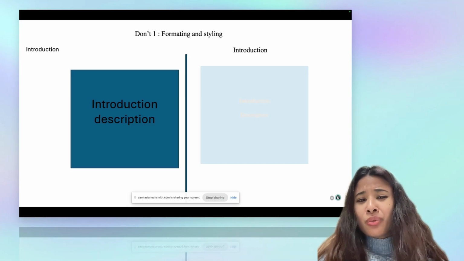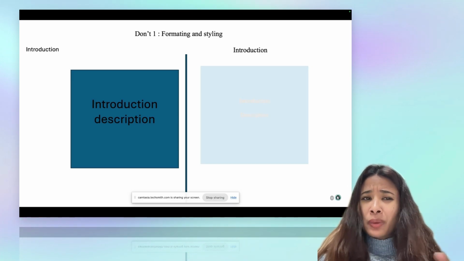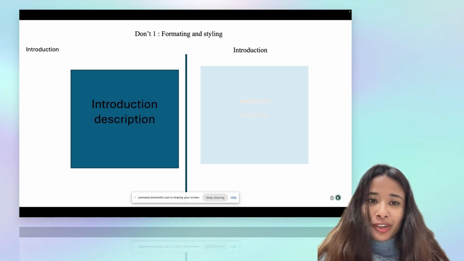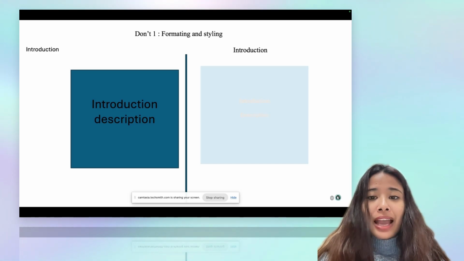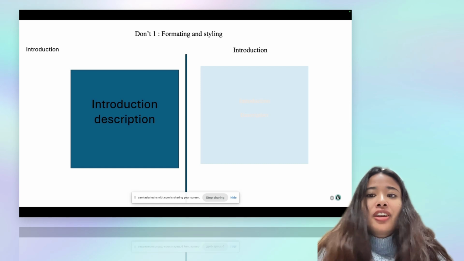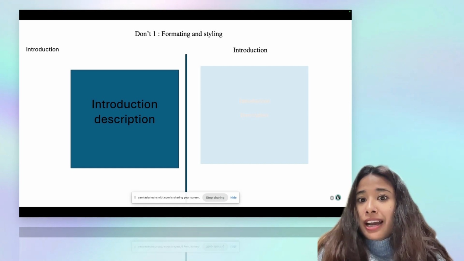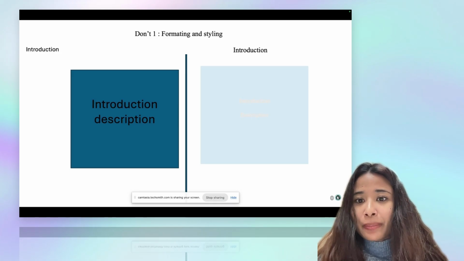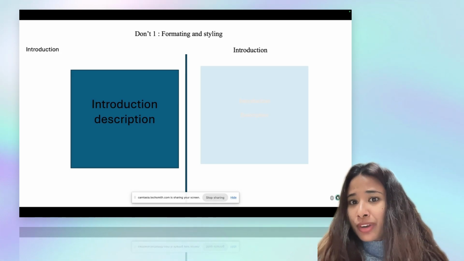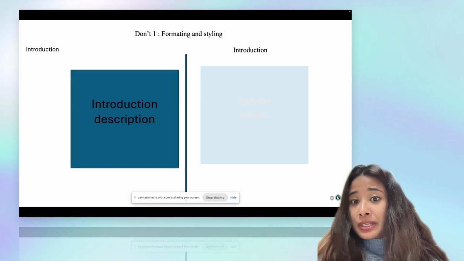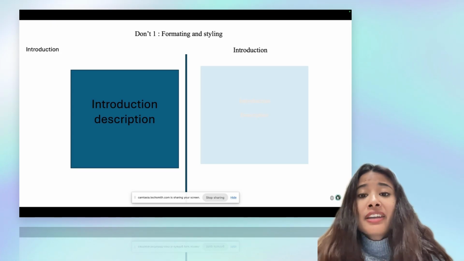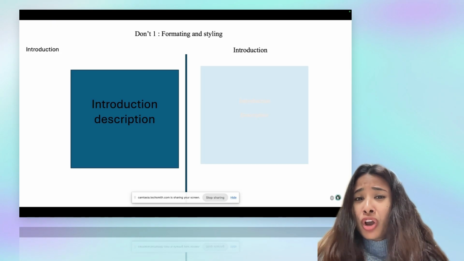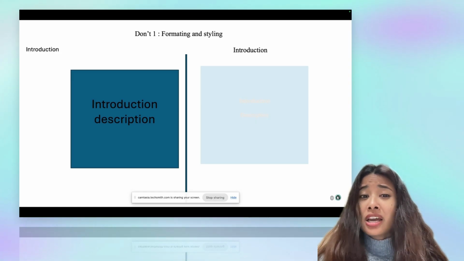This is one example of what we tend to make when we try to make our presentation beautiful, but it's not beautiful at all, it's very unprofessional. On the right hand side, the light blue color, although the background is lighter, the text is invisible, we can't even see the text.